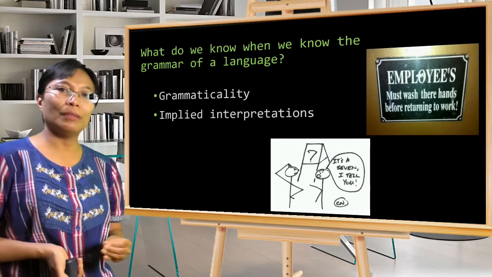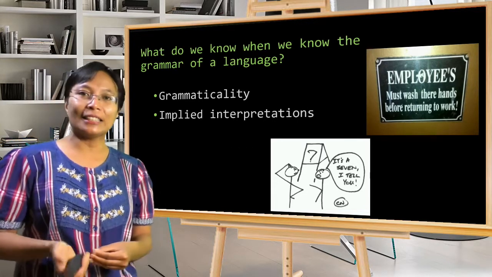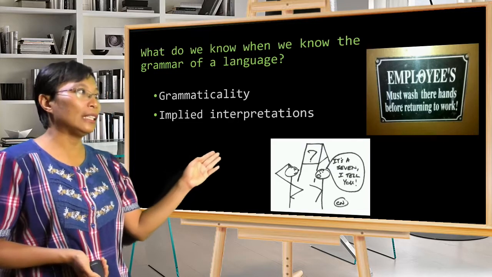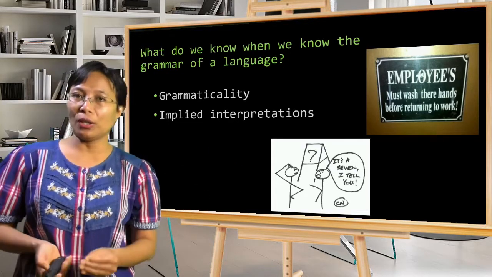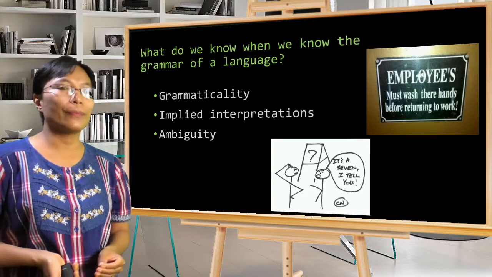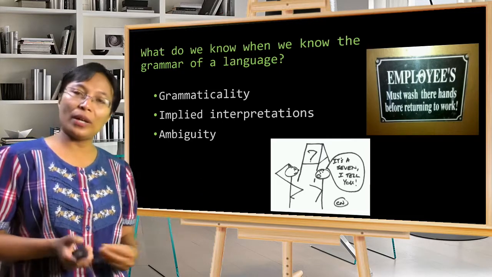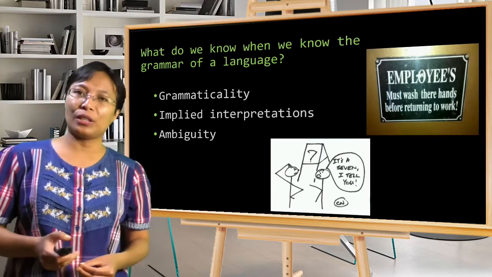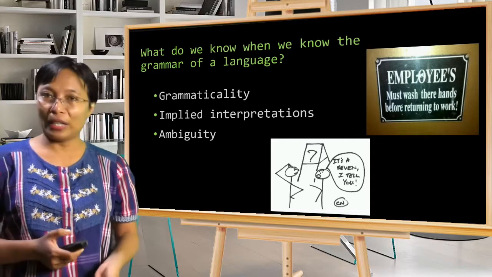And then we might also identify what the implied interpretations are, and also we can determine whether a particular construction is ambiguous or not.